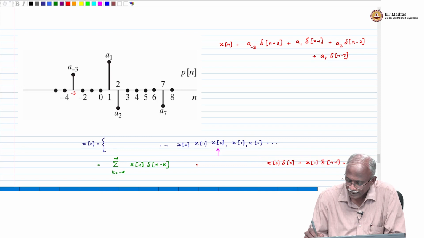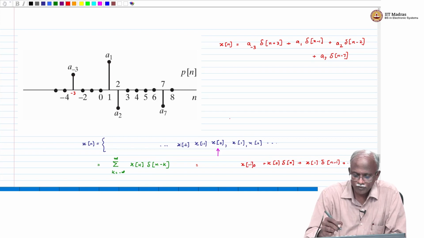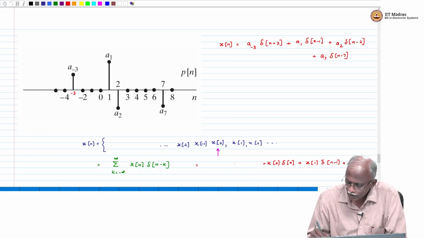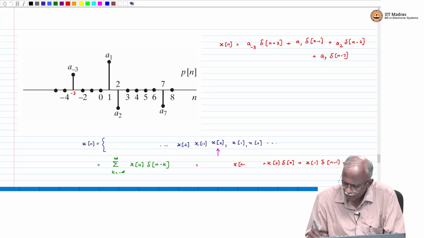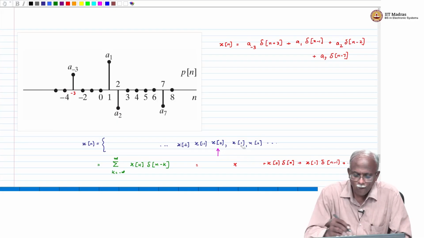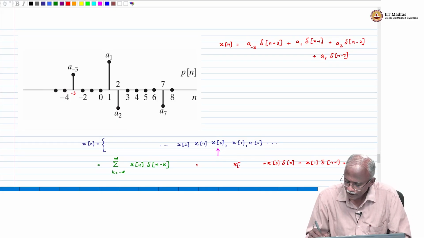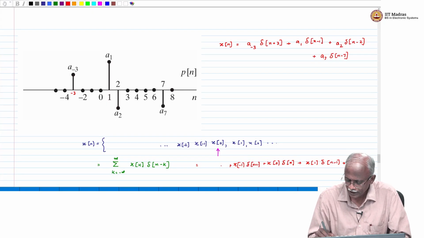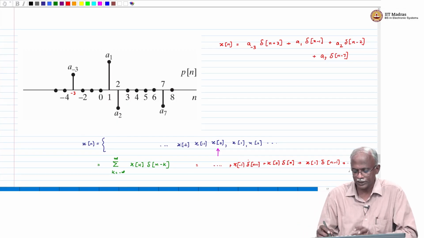And similarly, x of minus 1 occurs at delta of n plus 1. So, you can verify that this summation actually represents the sequence that you have at hand.